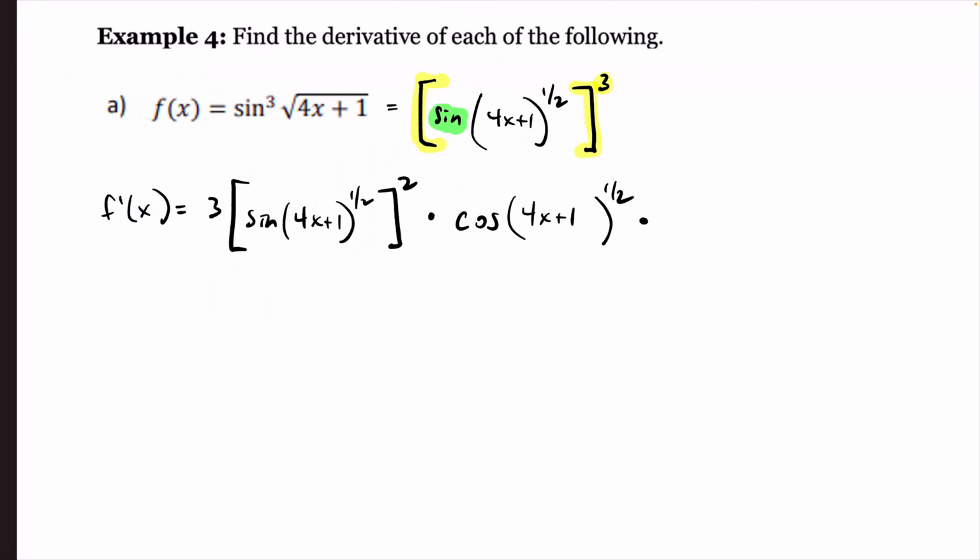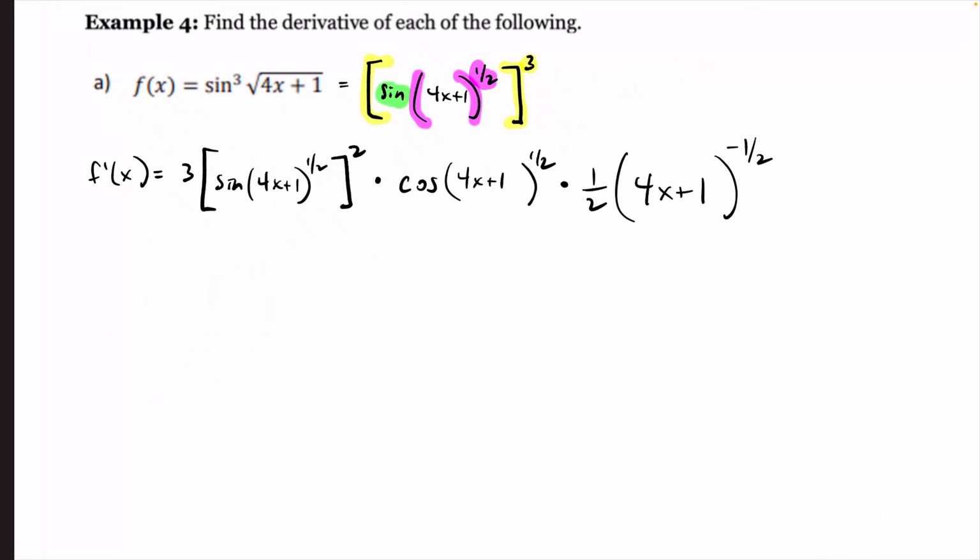What was the next layer that we said? Something to the 1/2 power, right? So if I have something to the 1/2 power, it's just the power rule. Move 1/2 to the front, subtract a power. Yeah, it becomes negative 1/2.